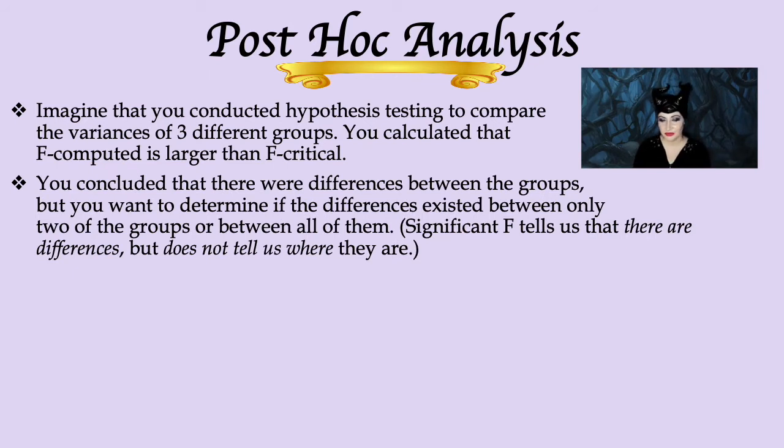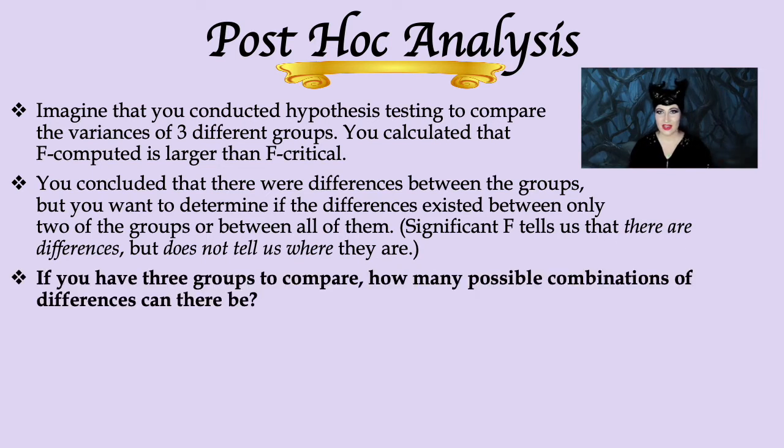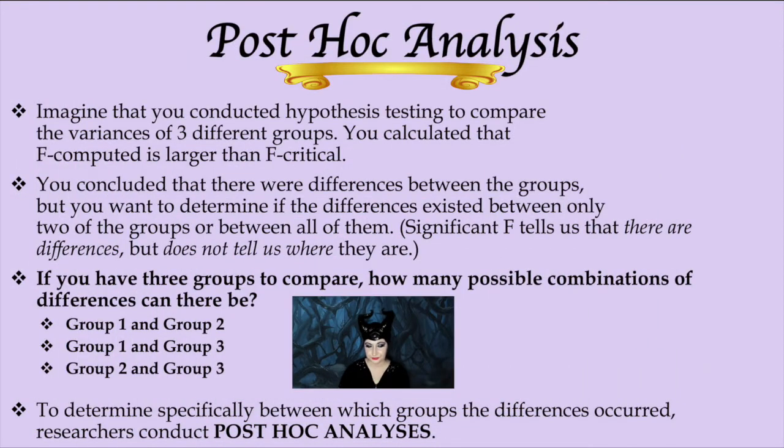So you conclude that there are differences between the groups, but now you want to determine if the differences existed between only 2 of the groups, or 1 of the groups, or between all of them. So the significant F test tells us that there are differences, but it doesn't tell us between which groups those differences are. So if you have 3 groups to compare, how many possible combinations of differences can there be?